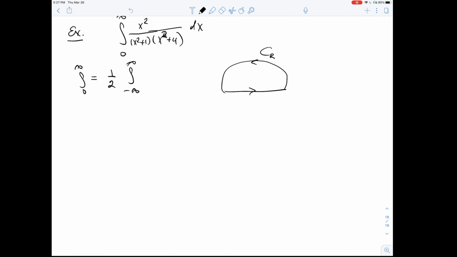CR is everything here. And so we have f of z equal to z squared divided by z squared plus 1 times z squared plus 4. And we know that the integral of f of z dz over CR is 2 pi i times the sum of residues.